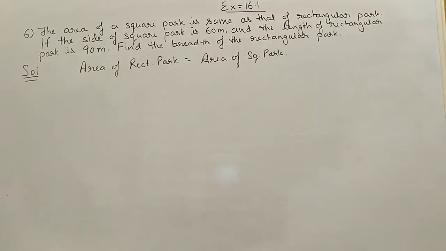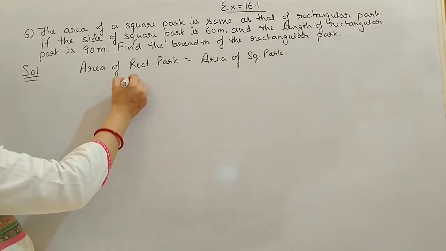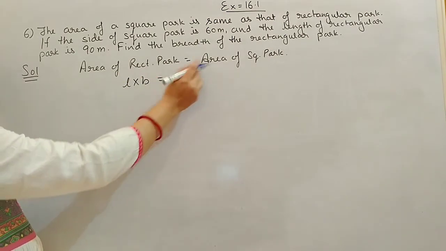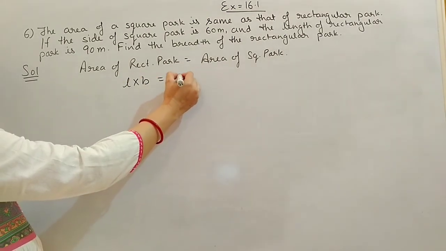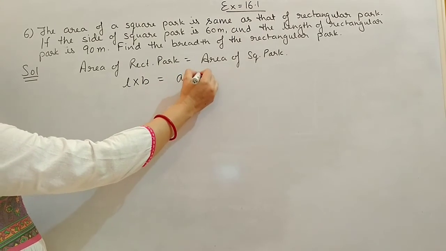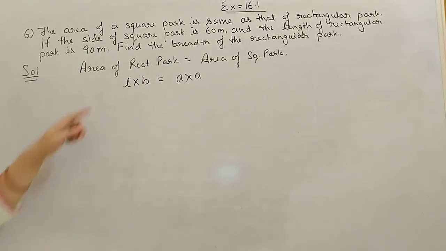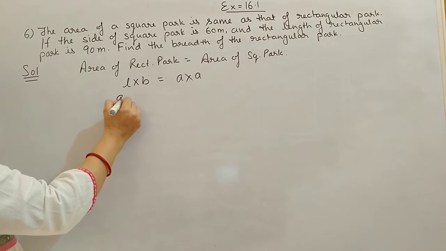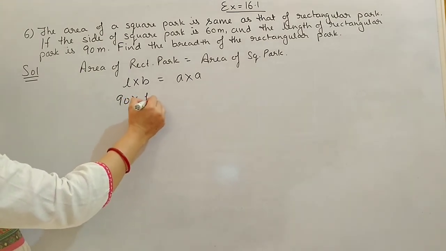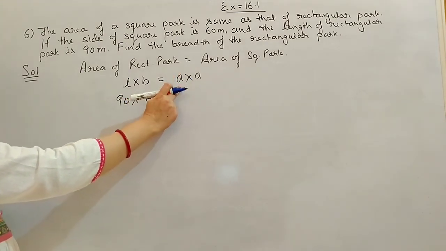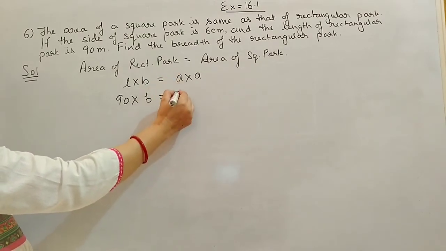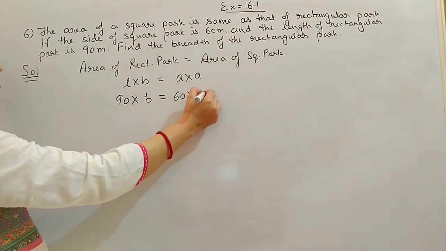Area of rectangular park formula is length into breadth, and area of square park is side into side. So length is given here 90, breadth is not given, we have to find out. One side of square park is given 60, so 60 into 60.